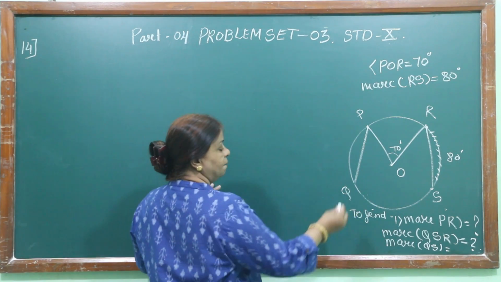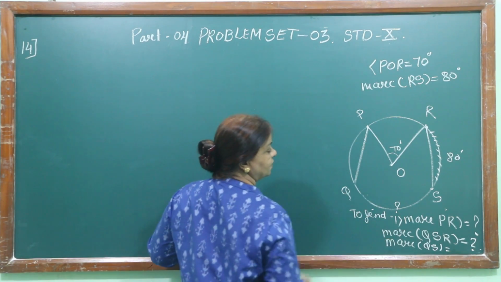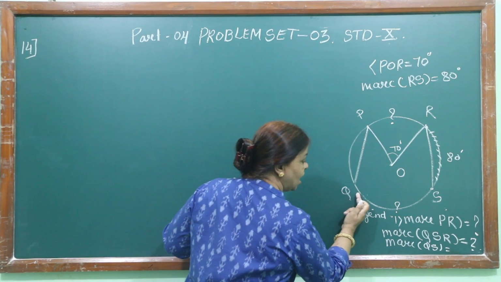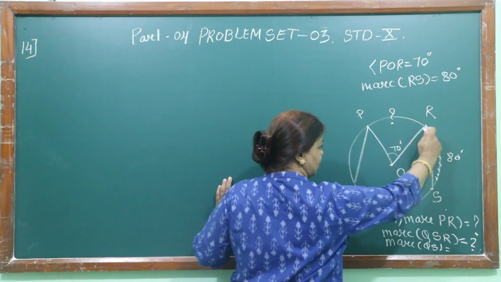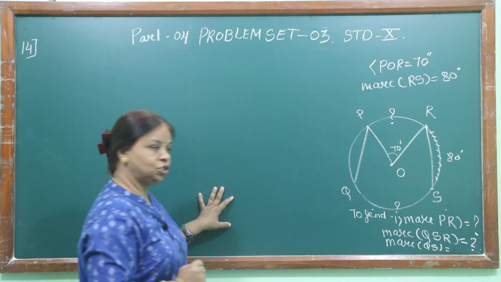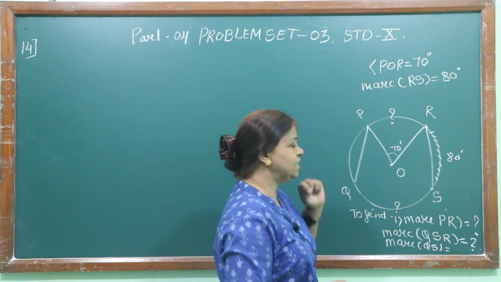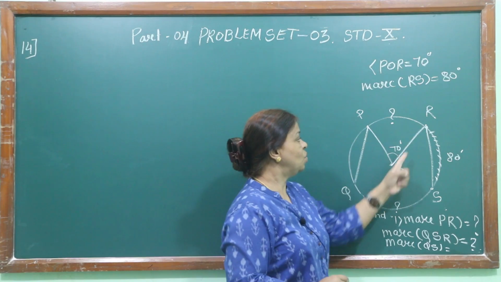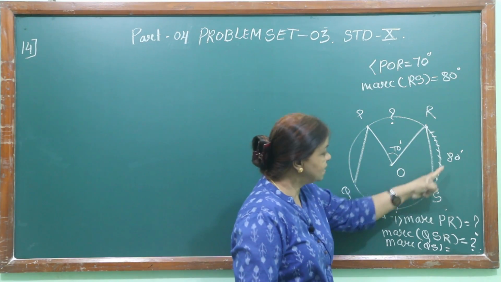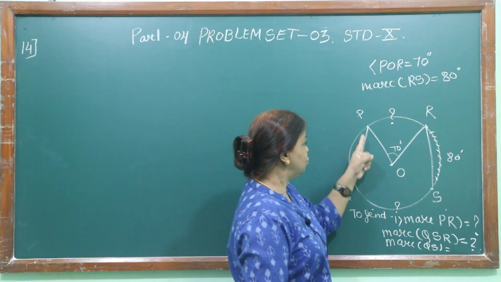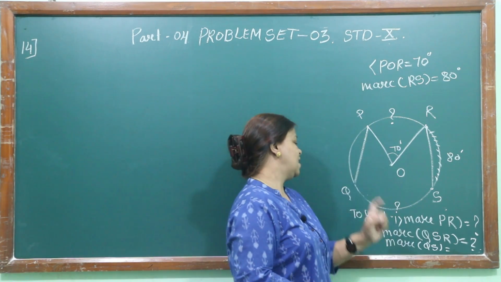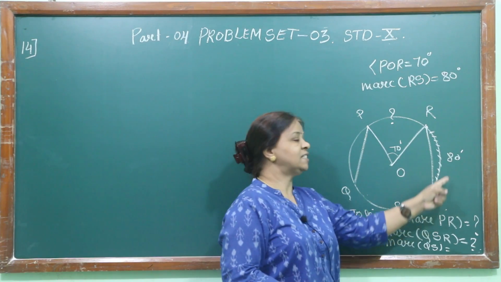Major arc QS, major arc PR and major arc QSR. This is what you need to find out. I hope you must have understood. I repeat again, O is the center of the circle. Angle POR is given 70. Major arc RS is given 80. You need to find out major arc PR, major arc QS, and major arc QSR.